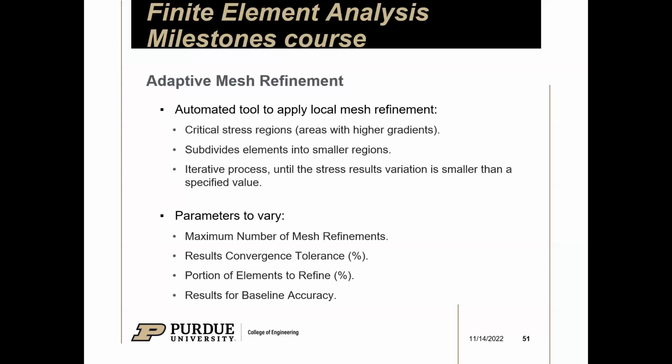And the next one is portion of elements to refine. That basically specifies how much of the model goes through mesh refinement. An example of this is at 10%, only the top 10% of the critical portion of your model will go through further refinement. You can imagine, say, when we have an edge of a surface, of course, that edge will encounter the most stress.